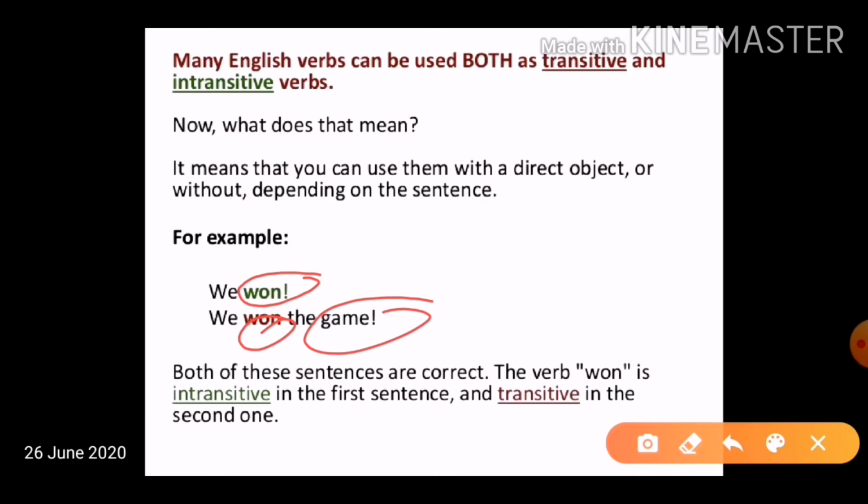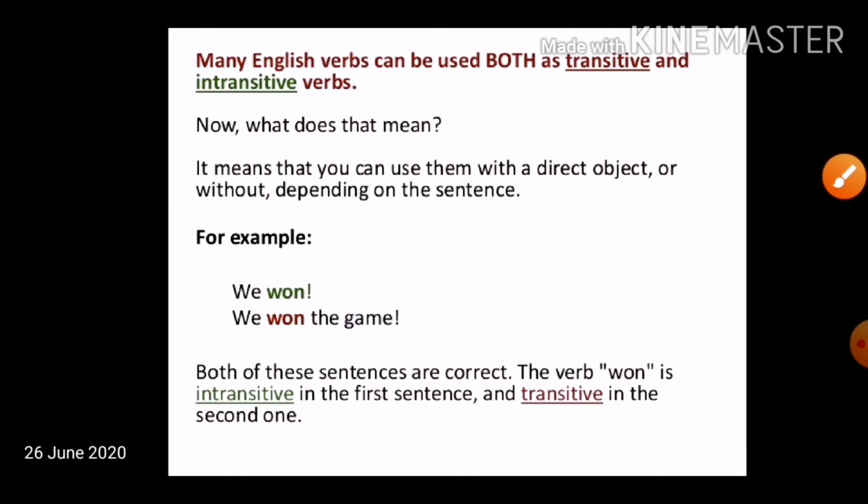That means won is a transitive verb, because transitive verbs वो होते हैं जिनके साथ object होता है. So you can identify the transitive verb here by its object, that's the game here. So it has a double meaning. Both of these sentences are correct. The verb won is intransitive in the first sentence, as I already told you, and transitive in the second one.